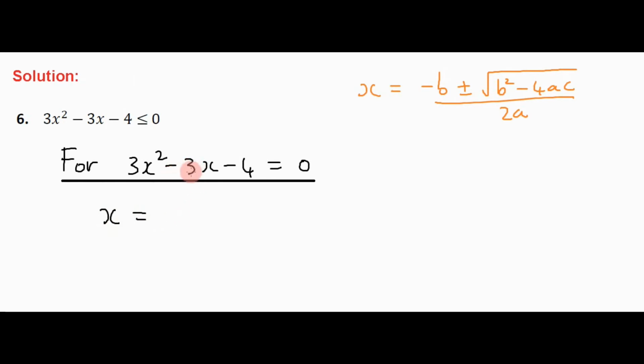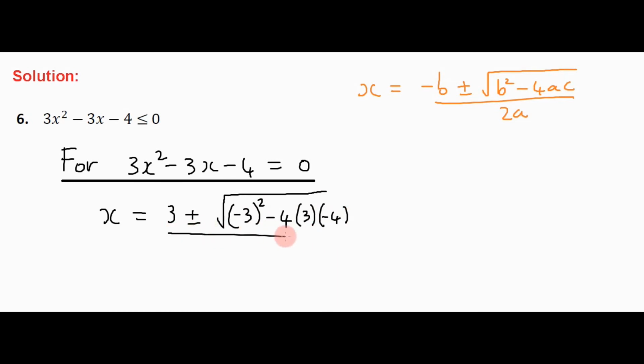So minus negative 3 is positive 3, plus or minus, or rather, b squared will be negative 3 squared, minus 4ac. And this is all over 2a. So 2 times 3.